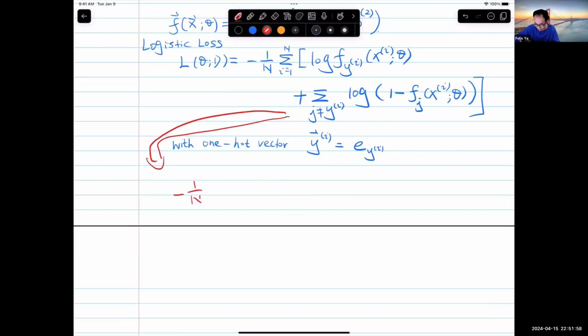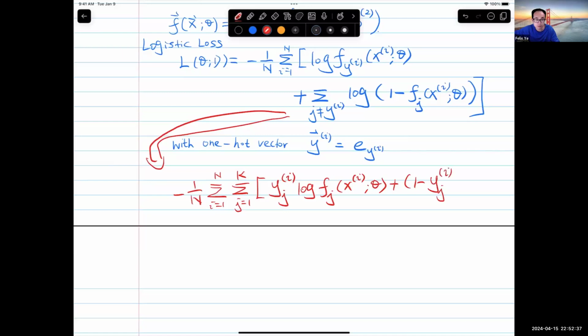That is minus 1 over n, double summation, from i equals 1 to n, and j from 1 to k, of y_j^(i) log f_j(x^(i), theta) plus 1 minus y_j^(i) times log of 1 minus f_j(x^(i), theta).